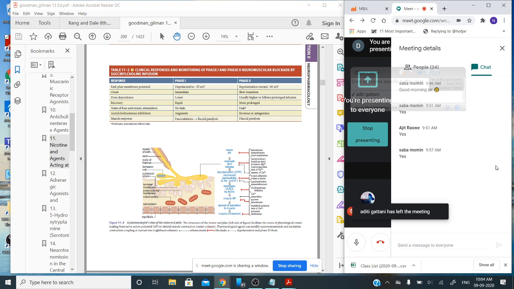Then next, there are drugs which act on the muscle action potential. Those which affect calcium can cause inhibition, while if there is an increase in calcium, that will help to have more contractions.